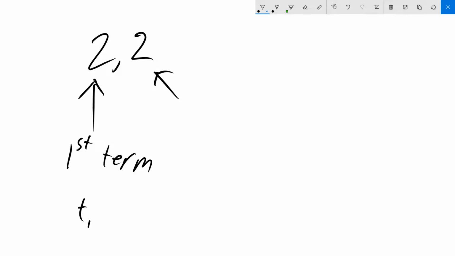Looking at our twos here, this here is the first term, and we can write that as T1. Notice that the 1 is kind of small here. It's a subscript. So here, this is term 2, or we could say it is the second term.